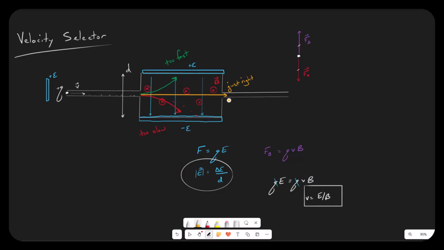and once they make it through, once I'm out of that chamber, they can just continue through, and they come out the other side at exactly a known speed. What this allows me to do is to take over here a bucket of particles and just throw them at the left side of this velocity selector.